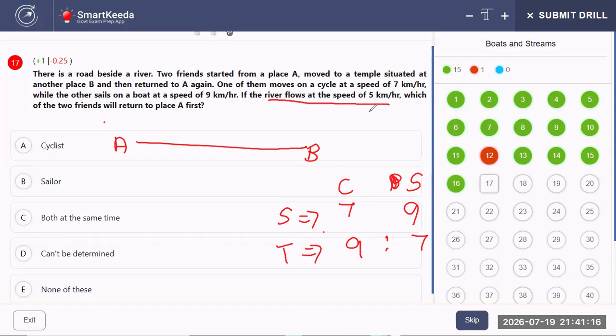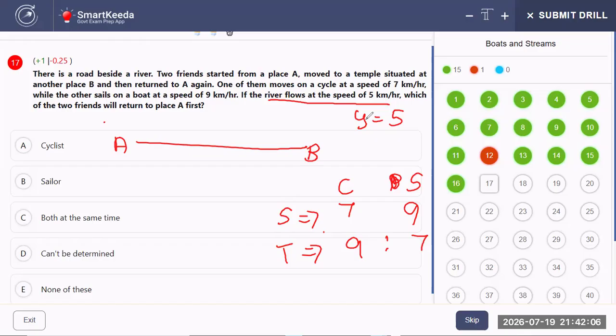If the river flows at the speed of y equal to 5 kilometers per hour, which of the two friends will return to place A first?